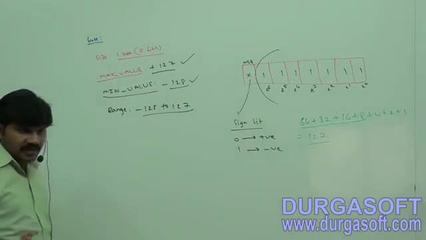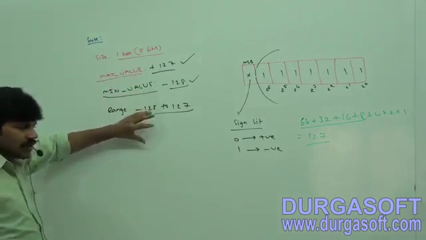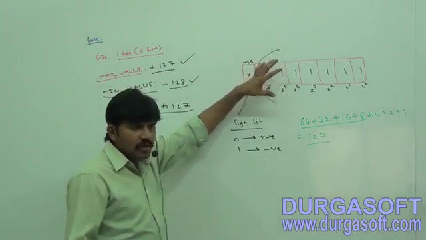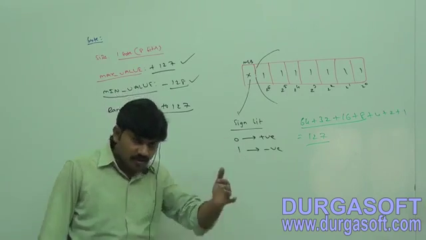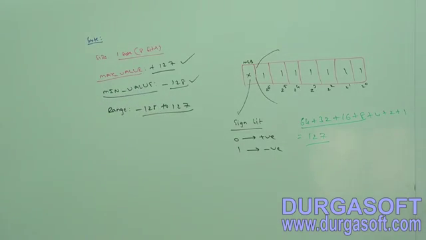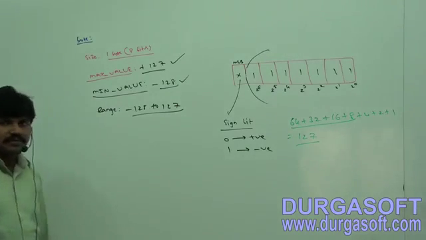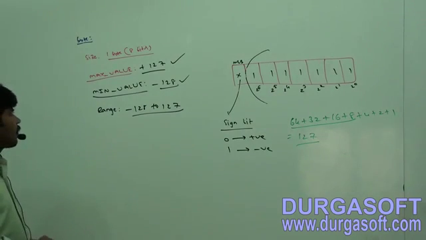I hope you people are aware. Sir, what is the size? 8 bits. Max value, min value, range. Internally, how can you represent? I represented a positive number, but how to represent a negative number, I will discuss soon. Okay, at this point: Byte, size 1 byte, within brackets 8 bits.